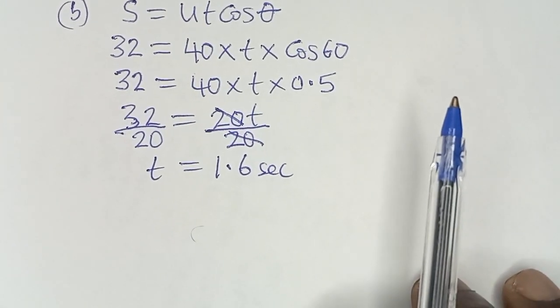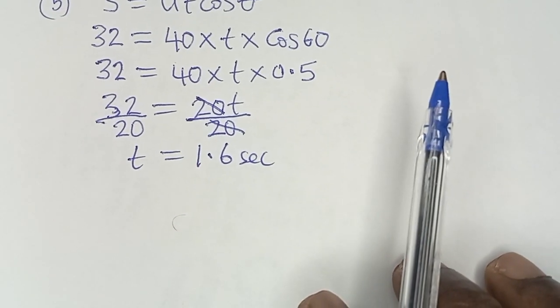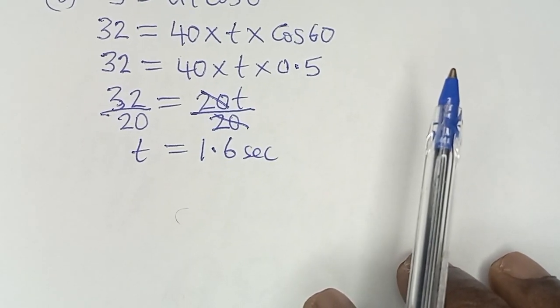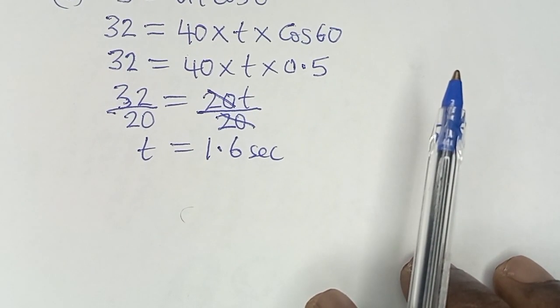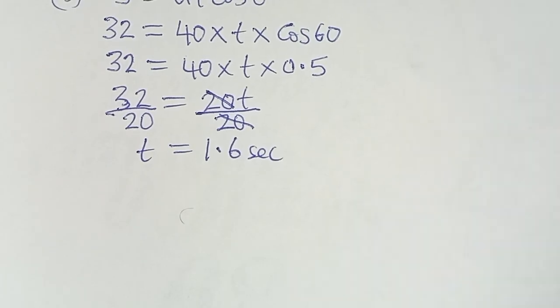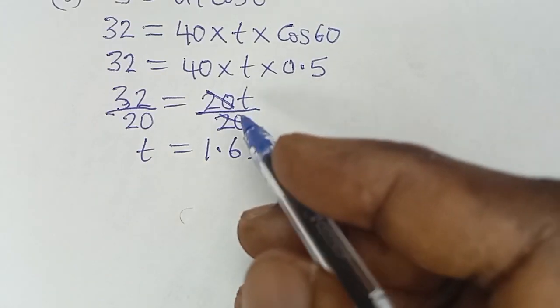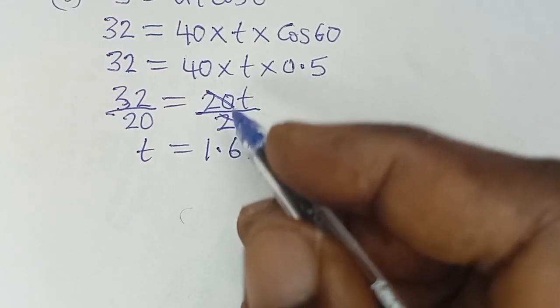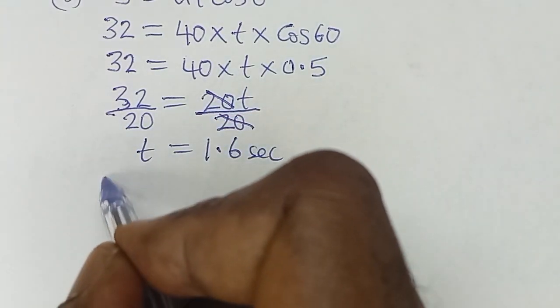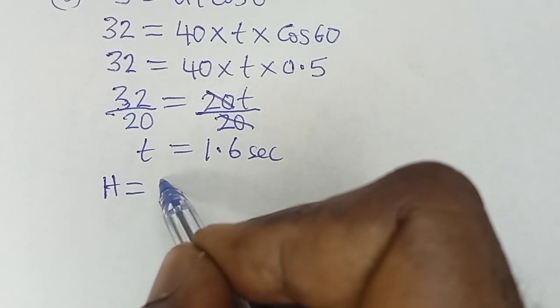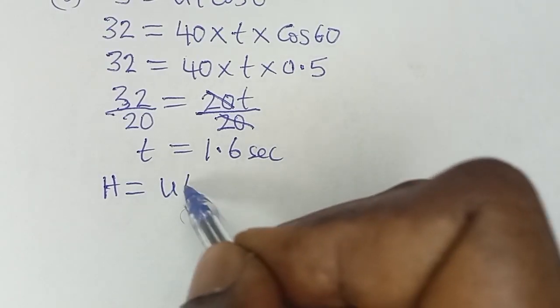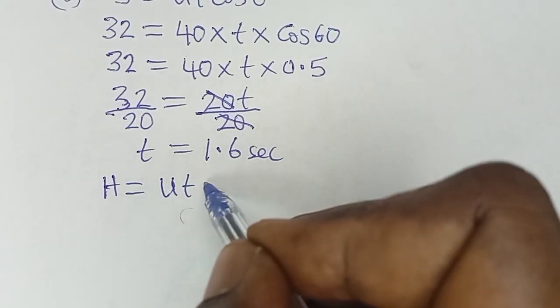But that is not our final destination because we are asked to find the height. For us to find the height, the formula to apply now is h equals u t sine theta.